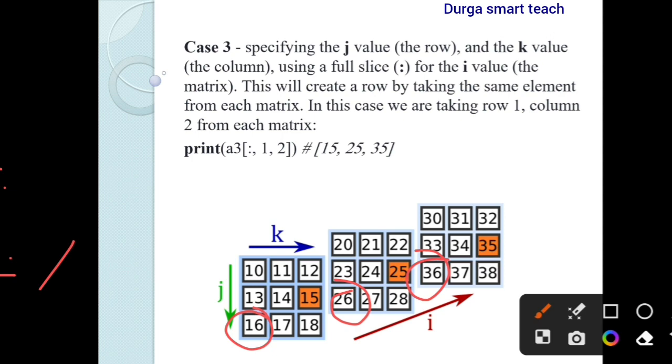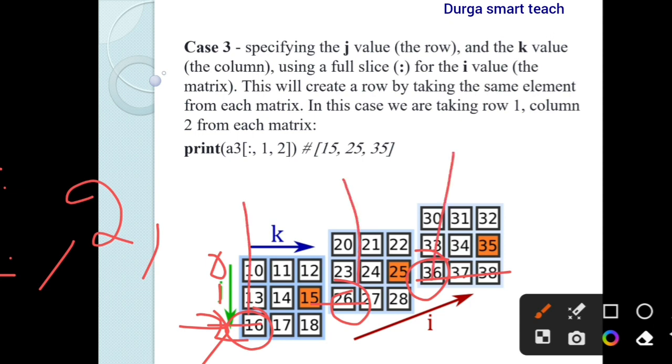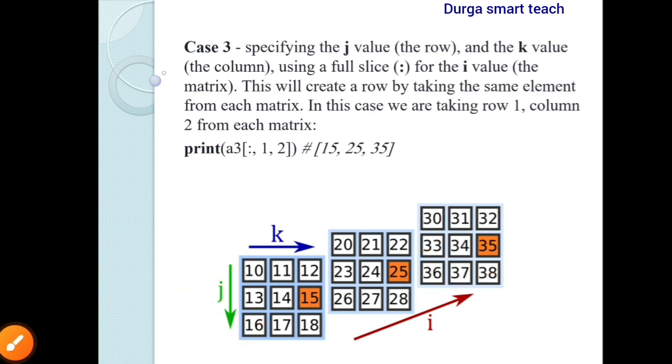The row is 2, because 0, 1, 2. So here 2, here 2, here 2. What is the column? The column is 0. In this way you can access individual elements that exist in different planes.